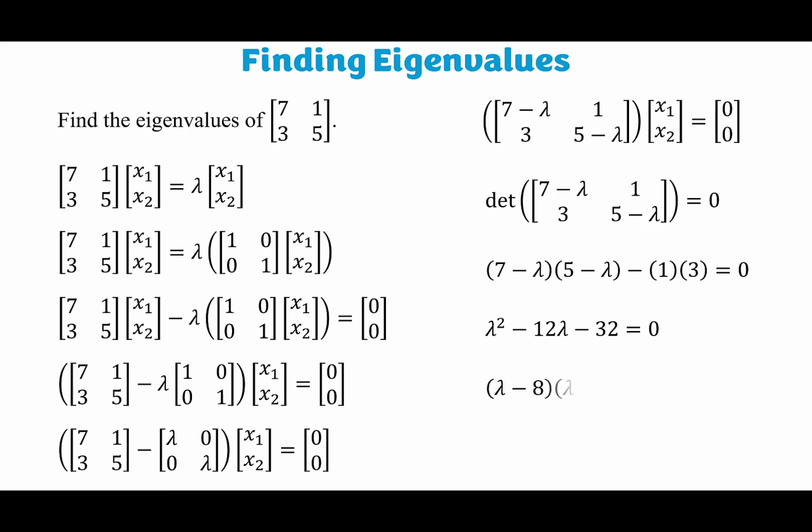You can factor that as lambda minus 8 times lambda plus 4 equals 0. And that means our eigenvalues are 8 and 4. Now this is really neat and another great spot to stop the video and see what we've done. We started with Ax equals lambda x, and we solved for lambda in the end by solving when a parabola is equal to 0.